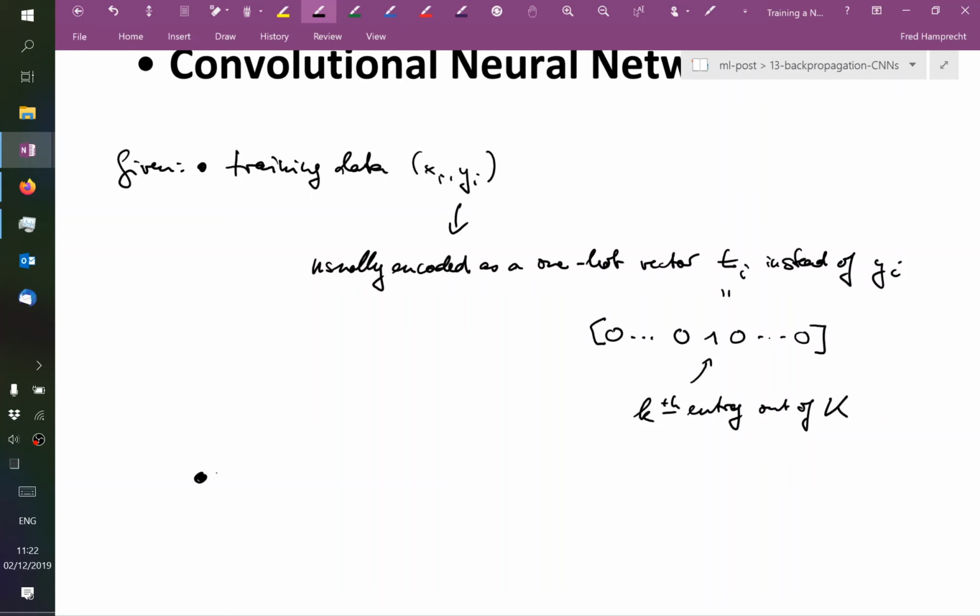And we need to make a similar choice today. Here we assume that we have chosen some loss function. And this loss function has two arguments. It has the true class, again encoded as a vector here.